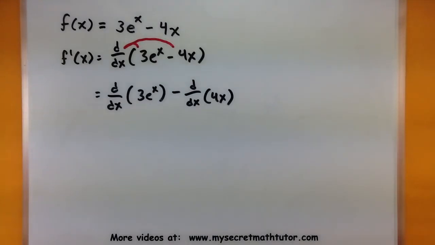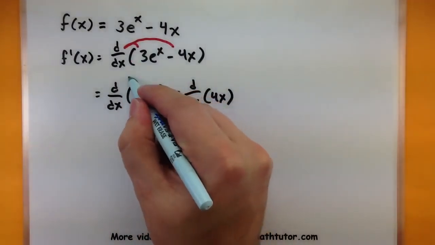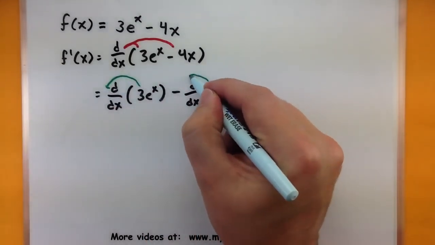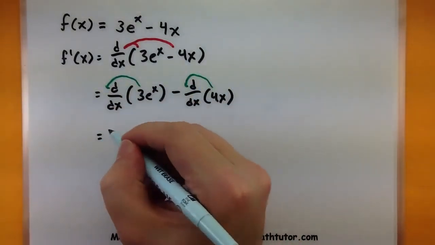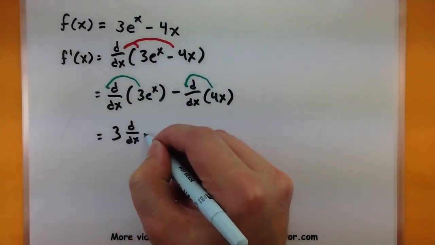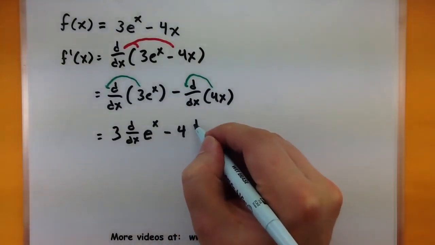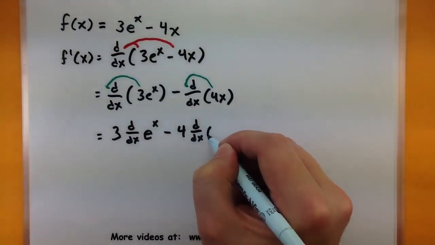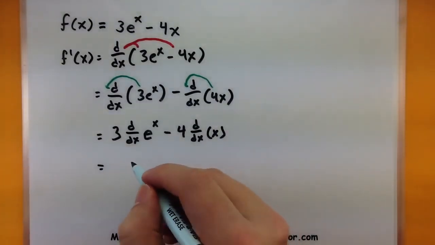Okay, each of these has a constant multiplied by something. So we'll move each of these constants out in front. So 3 times the derivative of e to the x minus 4 times the derivative of x. All right, now we can take care of each of these.